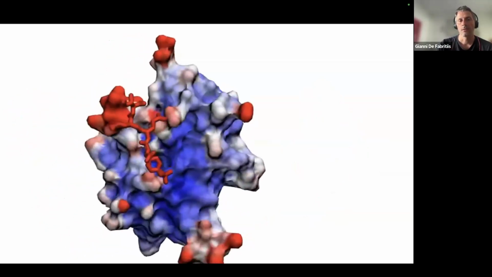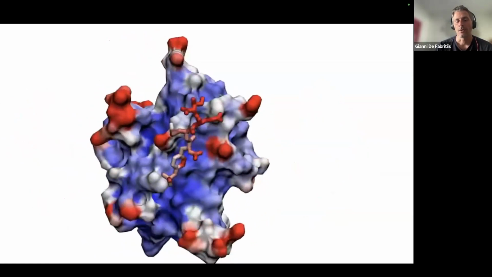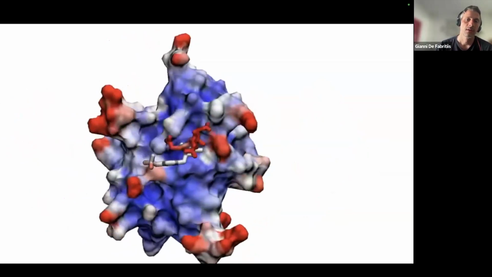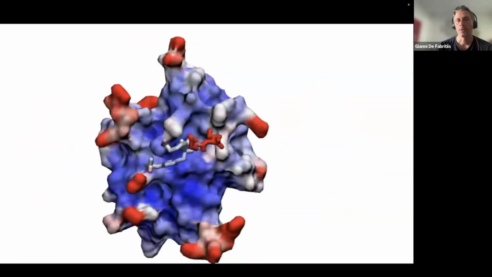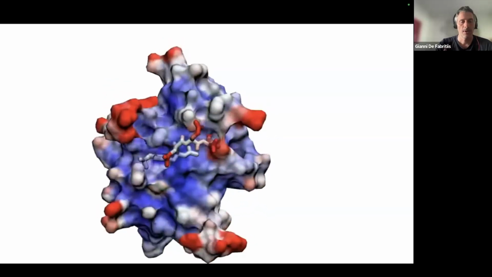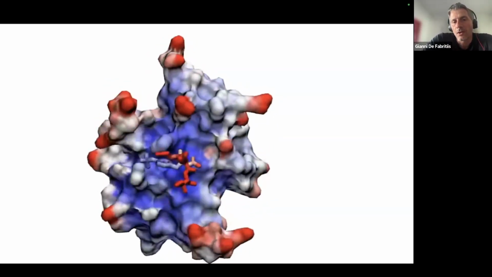The peptide has a charged residue, and the domain first recognizes this residue in the protein, and then finds the pose into the binding pocket of this domain. This is a regulatory domain.